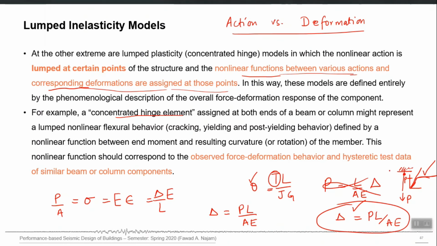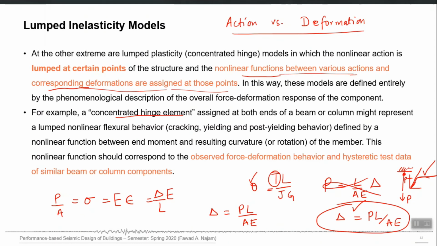So for this bar example, since the axial loading was our main concern, I can include one hypothetical point or element at one particular critical location in my model, and give that element this P delta nonlinear relationship, or maybe a cyclic nonlinear relationship, as an input to that point.